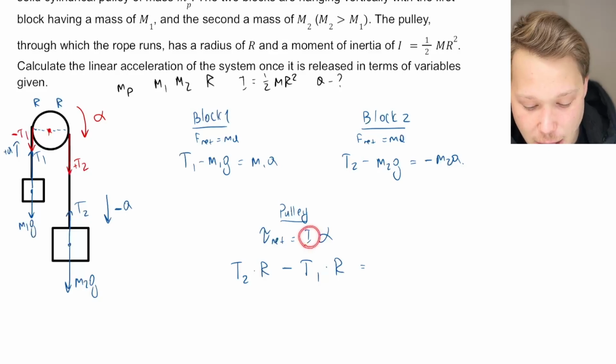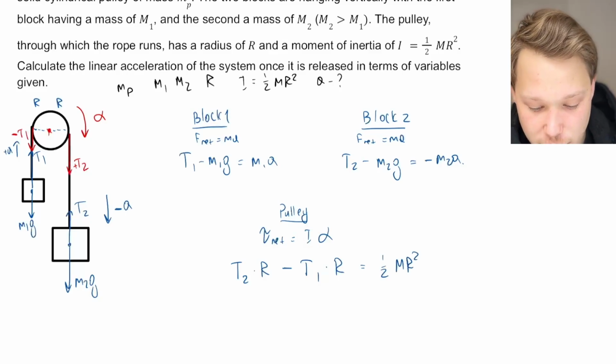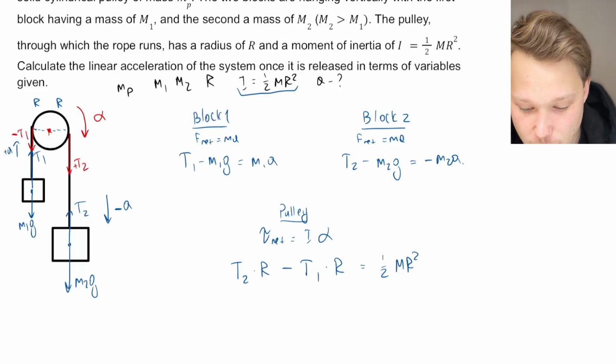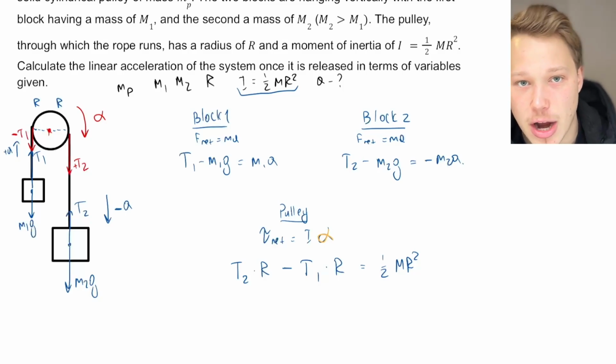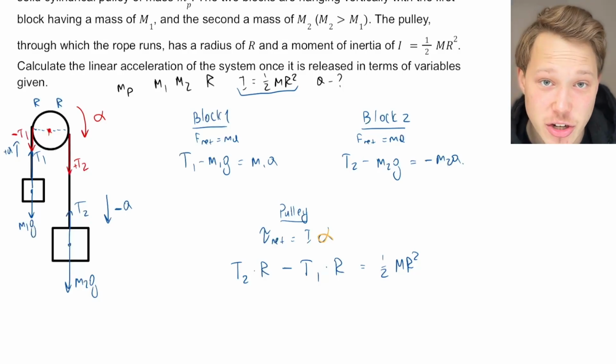Now, I is going to be 1/2 MR squared because we're given that in the problem itself. Now, I can do one more thing. This right here is the angular acceleration, but I need to find linear acceleration.